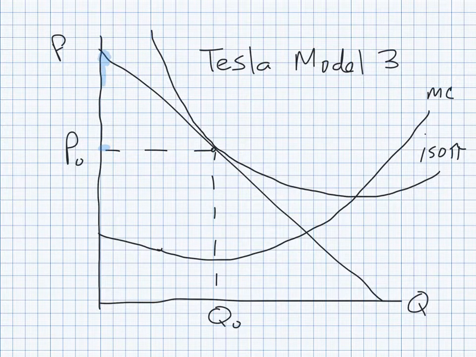So they got $30,000 worth of surplus. The second buyer would have paid $55,000, but only had to pay the $30,000 price. And so on. We can calculate the surplus for all people that bought Model 3s. It's going to be the area underneath the demand curve and above the price line. So this is going to be consumer surplus.